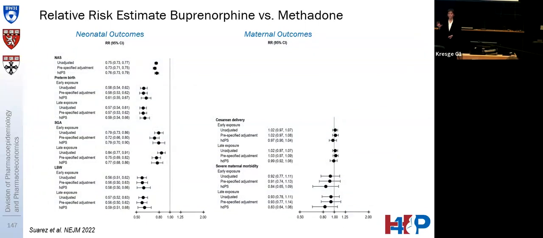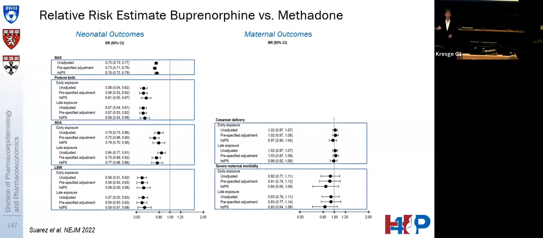So in terms of the results, I just want to share some of the highlights. This is a relatively busy graph taken directly from the publication, but I'll orient you to some of the main points I wanted you to take away from this. On the left side, we have the neonatal outcomes, and on the right side, we have the maternal outcomes. Then for each of these outcomes, we see different estimates, depending on the exposure window.